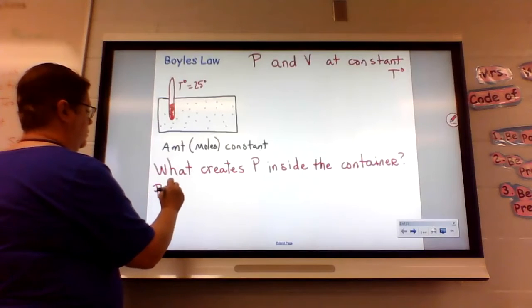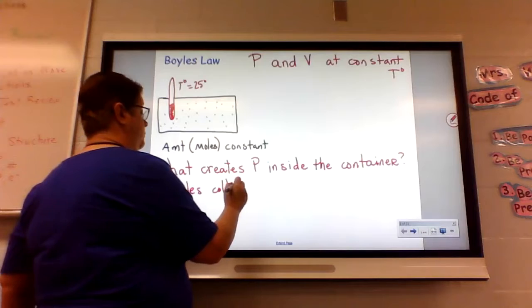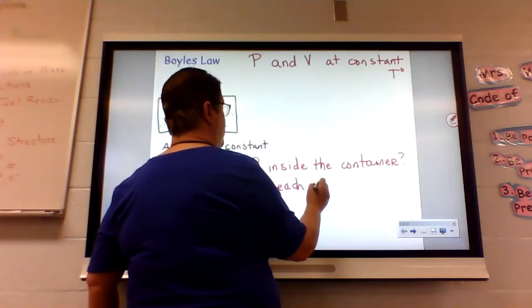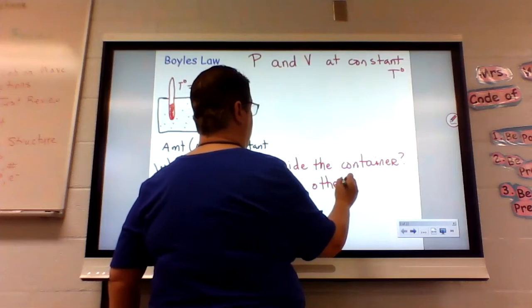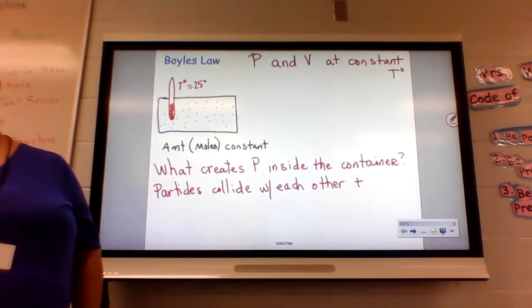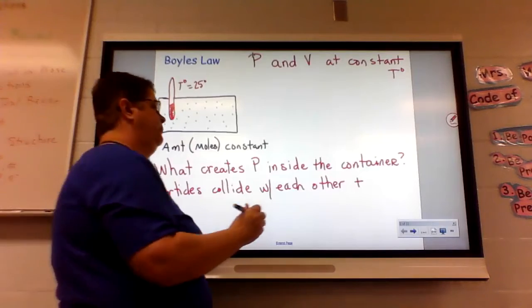All right. Particles collide with each other. That's one piece of it. And what else? It's only a small piece. What else do they collide with? The wall. There you go.